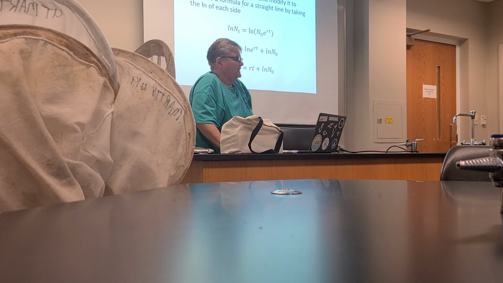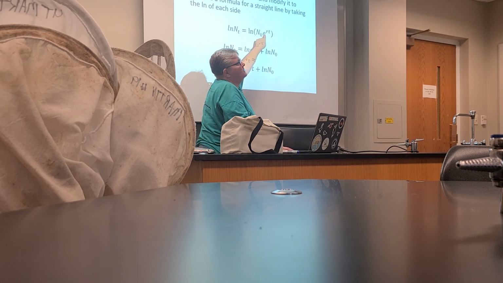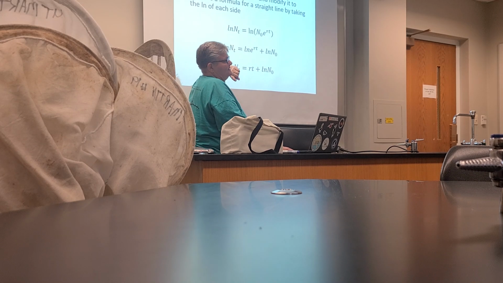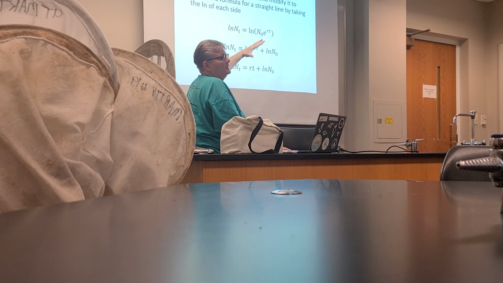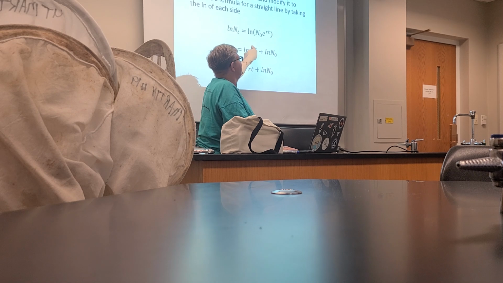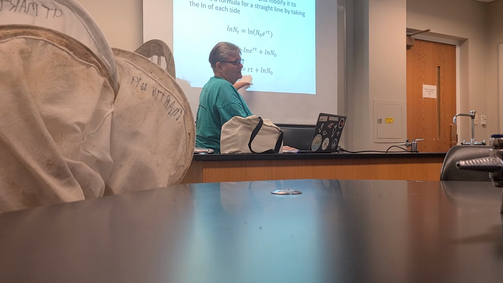All right. The first thing we need to do is get rid of the inverse of the natural log here. To do that, you take the natural log of both sides. This is something we need to know anyway. It's really easy. When you take the natural log of the inverse of the natural log, they cancel each other out, and whatever you have in the exponent just comes down.